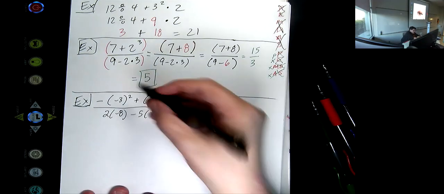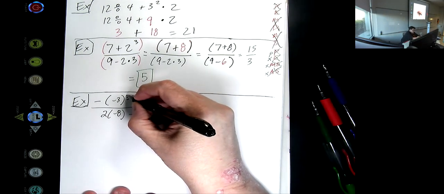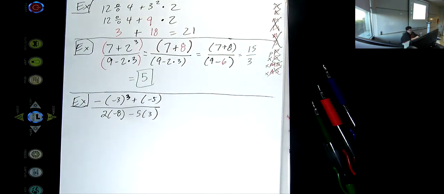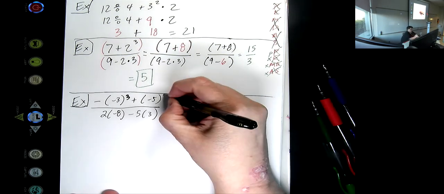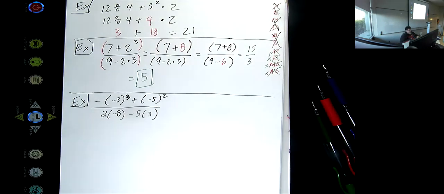Oh, let's make this cute. Let's make it more fun. You know what? Let's make the -5 squared. Let's kick that up a notch like that. Might as well go big.